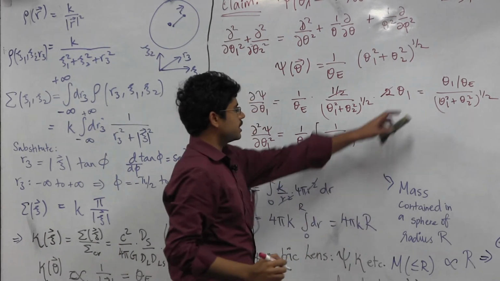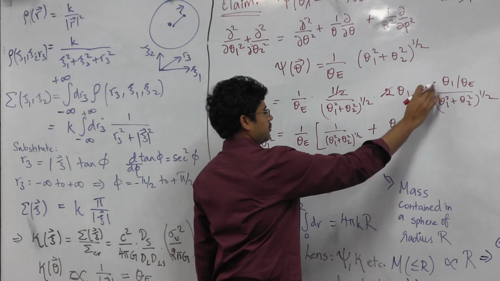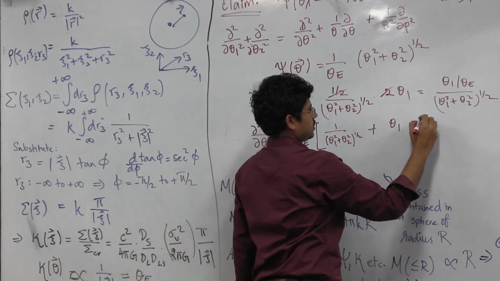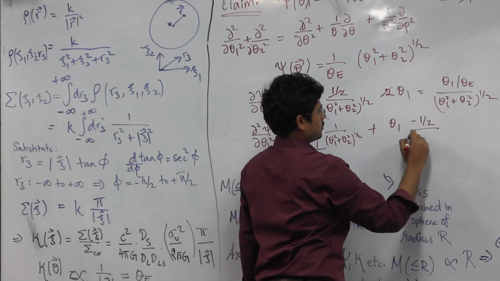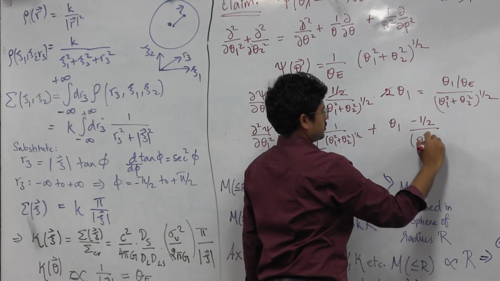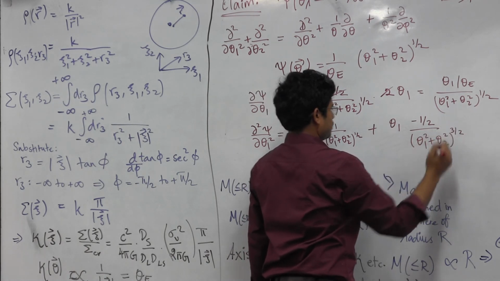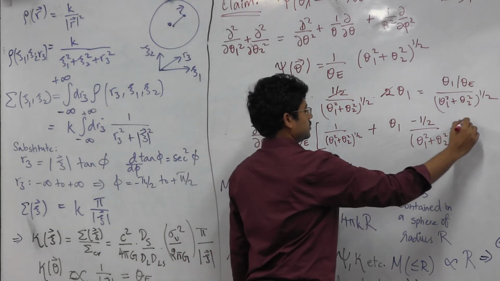So I have differentiated theta 1 first, and now I will keep theta 1 and then differentiate this. Minus half. I think this is correct.